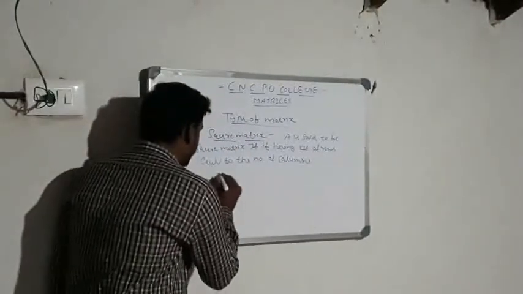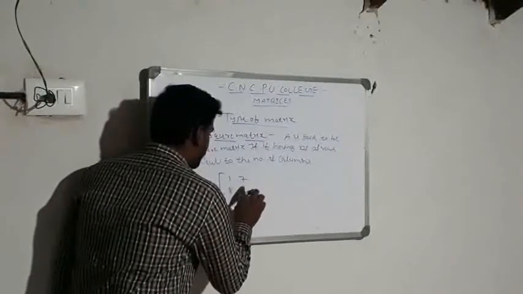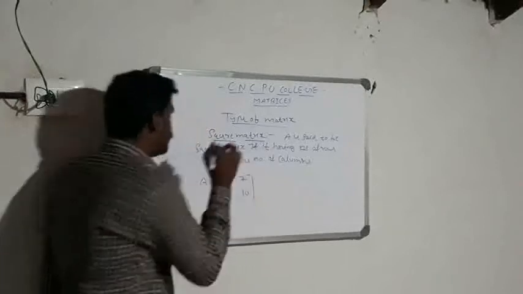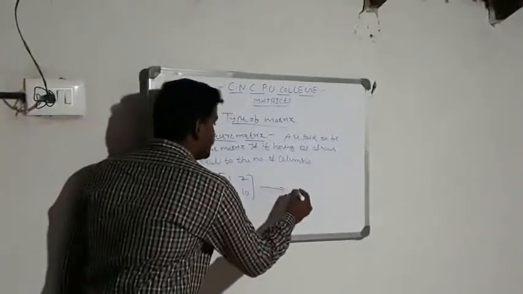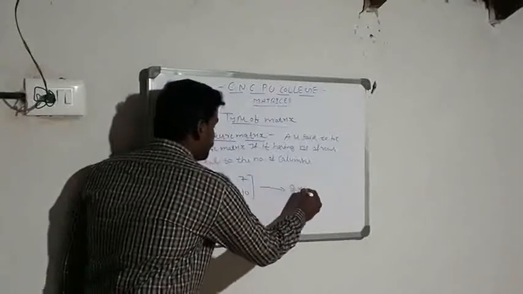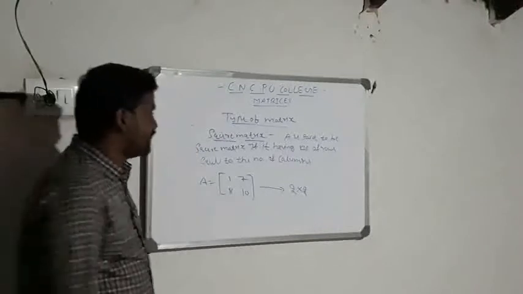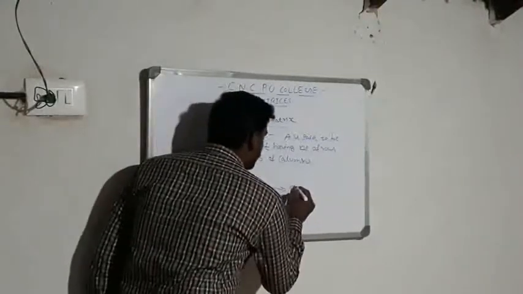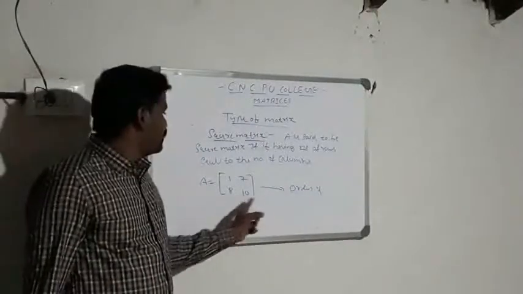Example. Matrix A is equal to 1, 7, 8, 10. The order of this matrix is what? 2 cross 2. Why? Because matrix A has 2 rows and 2 columns. The order can also be written as 2. For a square matrix, you can write order is 2.